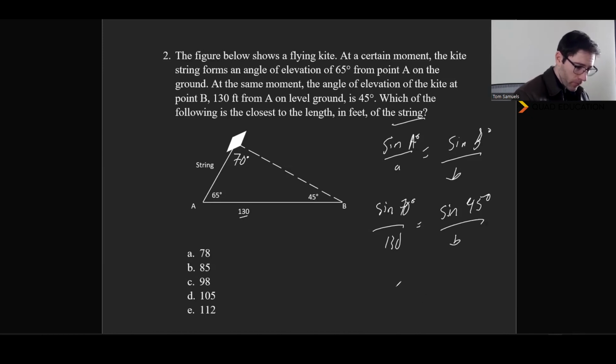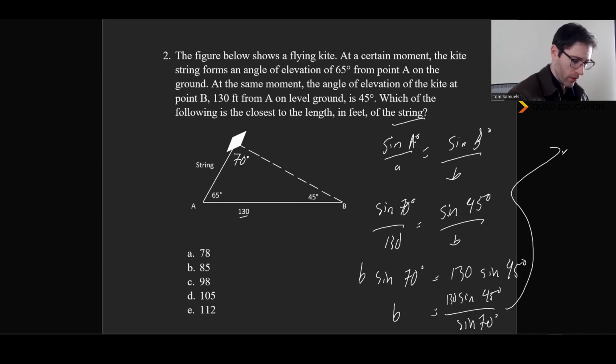And so just like with our previous example, we're going to do b sine 70 degrees equals 130 sine 45 degrees. And then b equals 130 times the sine of 45 degrees over the sine of 70 degrees.